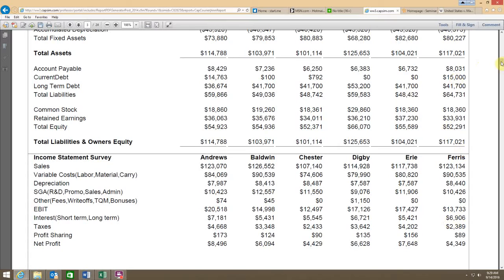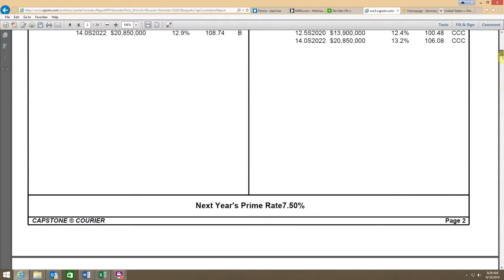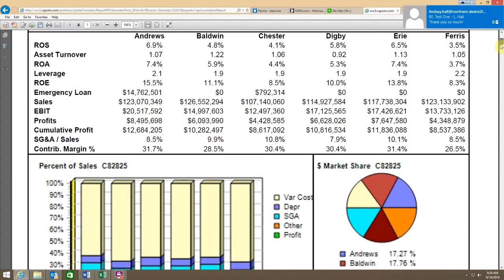Okay, a more important number than the actual dollar amount of variable costs is this number here, the contribution margin. Okay, the contribution margin is a huge margin. Okay, now everybody was kind of close here, although we had a low of 26.5, we had a high of 31.7. Okay, huge factor.